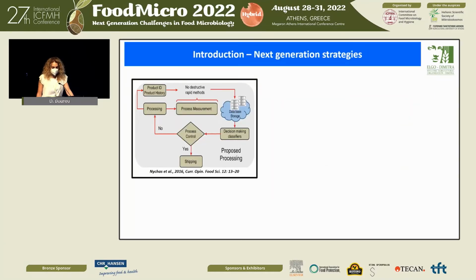The proposed alternative that can complement or replace the existing methods for the evaluation of foods is based on non-destructive rapid methods and cloud computing and storage to handle the massive amount of data generated.